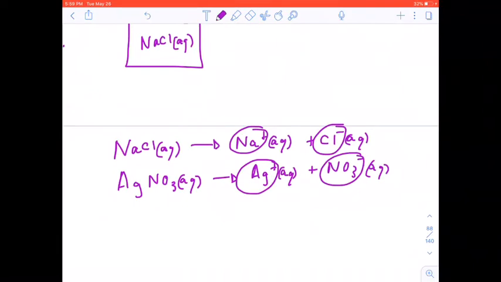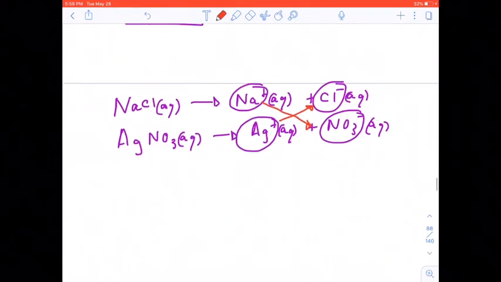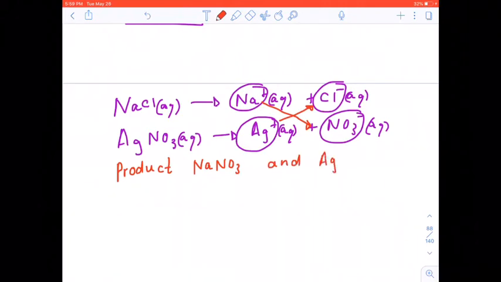So here, we have sodium and its partner is chloride, and nitrate and its partner is Ag. What happens in this situation? Partners are exchanged. That means Ag changes its partner to Cl-, and Na changes its partner to nitrate. So what's the product that can form here? NaNO3 and AgCl.